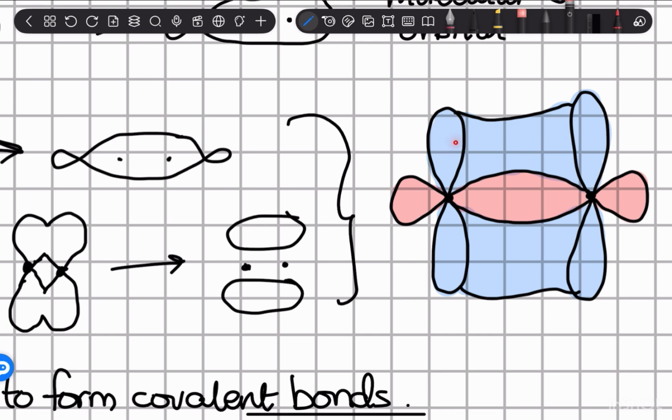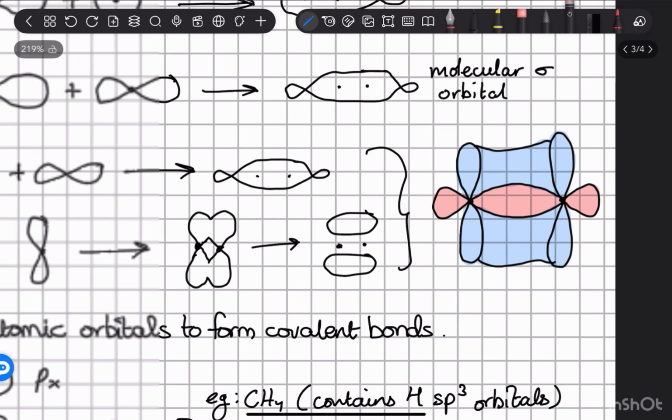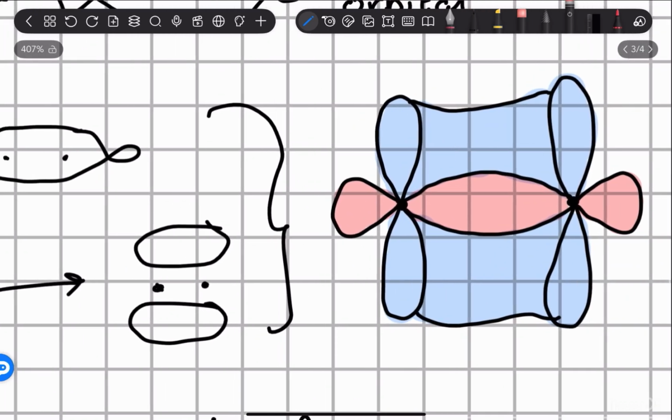Since it's distributed evenly above and below the sigma bond, it's a sure shot that we're going to find two electrons here. The electrons could either be here or here, since it's both above and below the plane of that sigma bond. So that's how you would describe it.